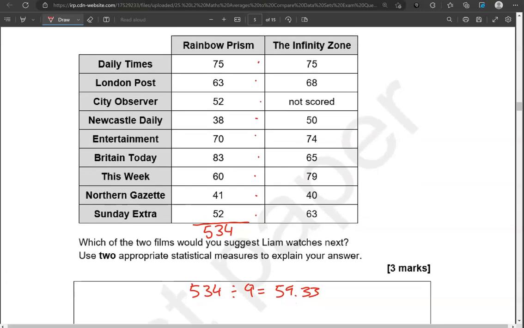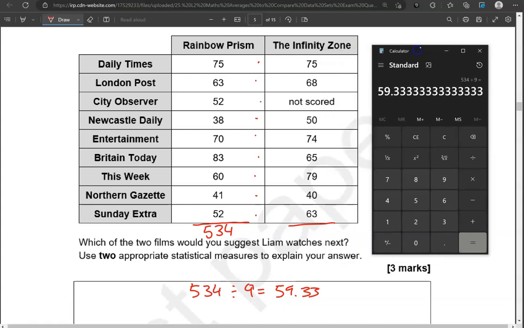Now we'll do the mean for the other data set. So we're adding 75, 68, 50, 74, 65, 79, 40 and 63.